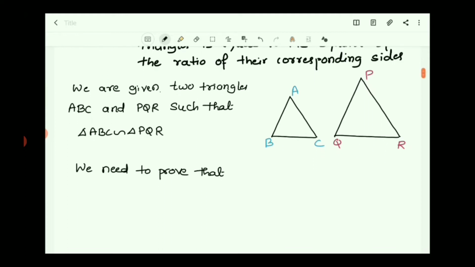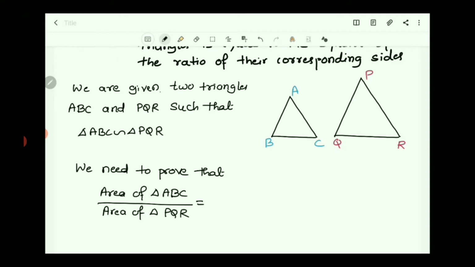So you need to prove that area of triangle ABC by area of triangle PQR is equal to, here which are the corresponding sides?